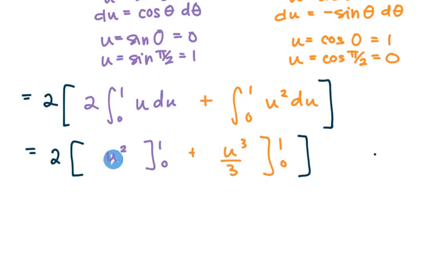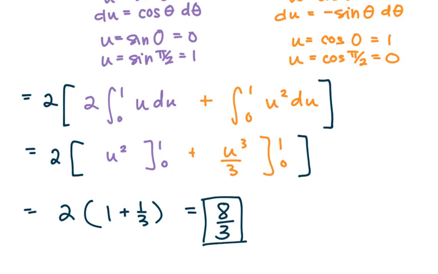Plugging in 0 in each of these situations is going to zero them out. So I've got 2, I've got 1 plus 1/3. Of course, subtracting 0 wouldn't matter, so that's 2 times 4/3, or 8/3. And that concludes this video.